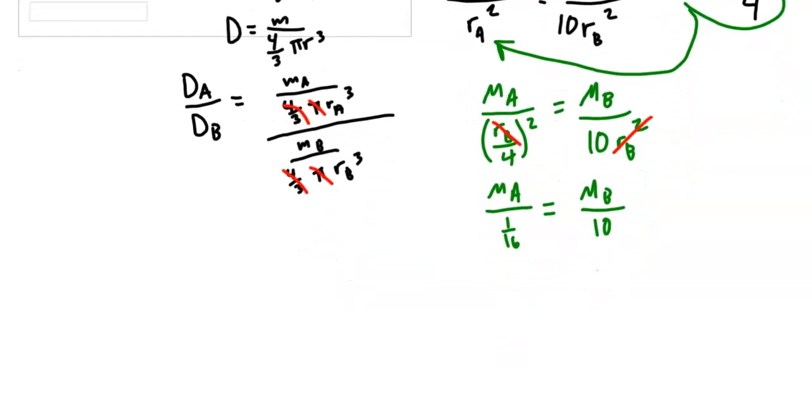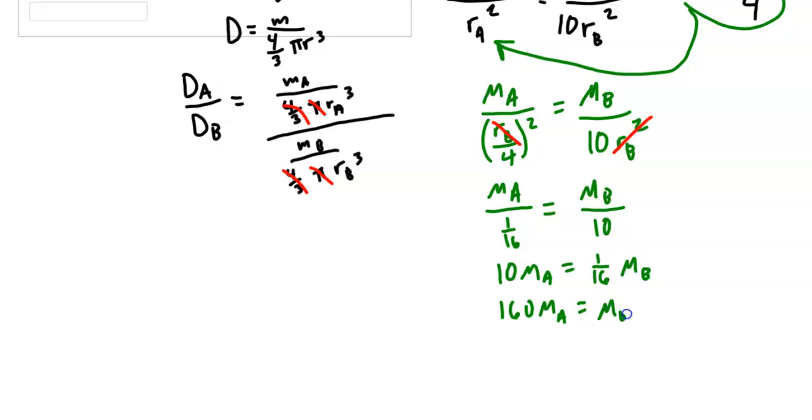Scroll down a bit there. Now we just have to do a little bit of rearranging here. So 10 MA equals 1/16 MB, and I think we're here: 160 MA equals MB.